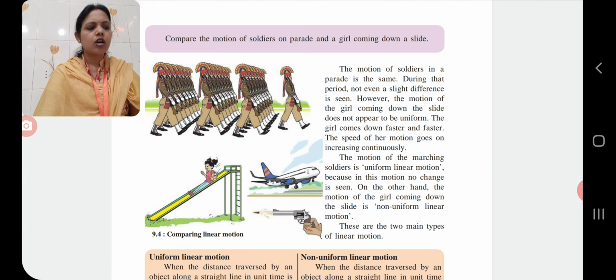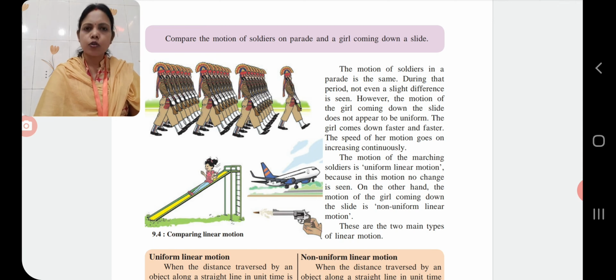Another example is the motion of the hands of the clock, because the hands of the clock cover equal distance in equal intervals of time. The second example is the motion of a bullet when fired from a gun. So children, with these three examples, it's very clear.